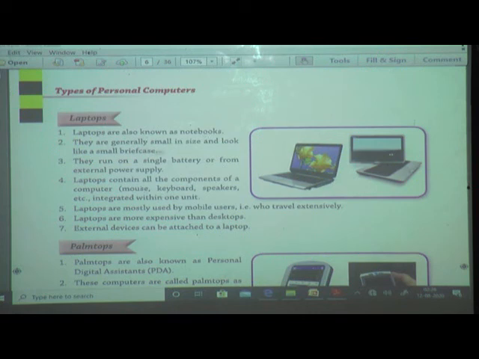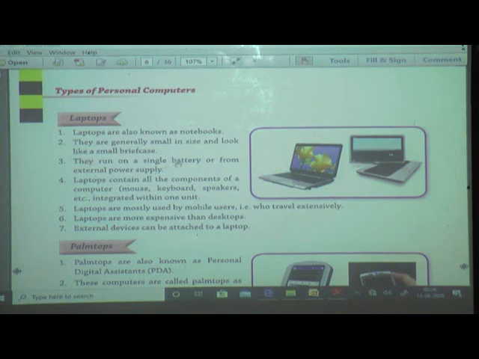They are generally small in size compared to a desktop computer and look like a small briefcase, right? They run on a single battery or from an external power supply.